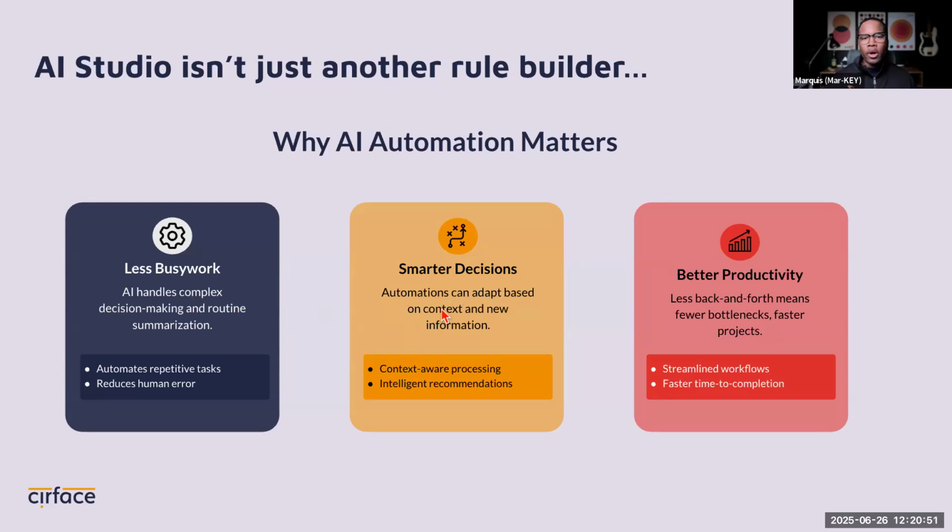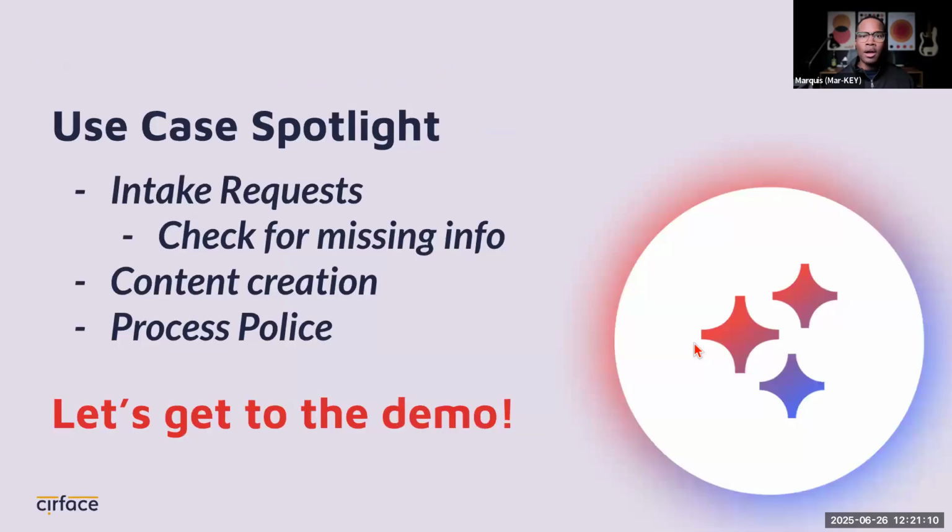It can adapt to our changing workflows as well, and increase productivity. So less back and forth means fewer bottlenecks, faster projects, fewer meetings, less uncertainty, less ambiguity within our teams as well. All right, so let's get into our demo.